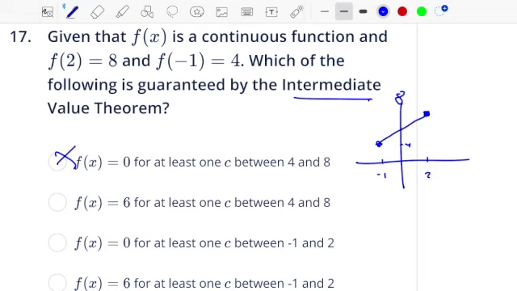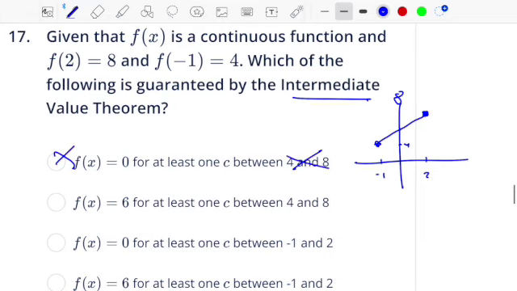I cannot say that. Those are the y values. f of x equals 6? Well, 0 is not in between 4 and 8, but 6 is. The intermediate value theorem says it has got to be between the y values on that x interval.